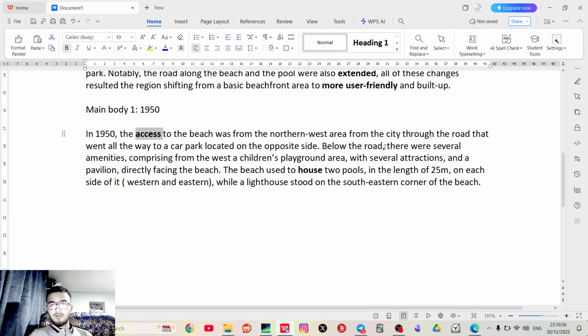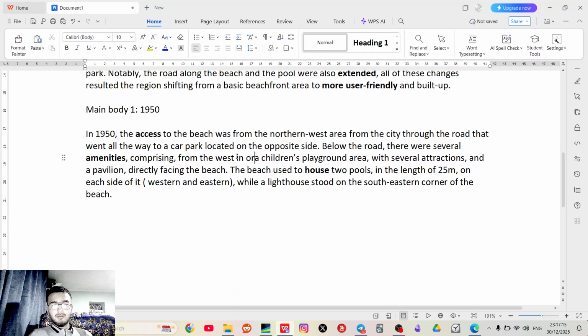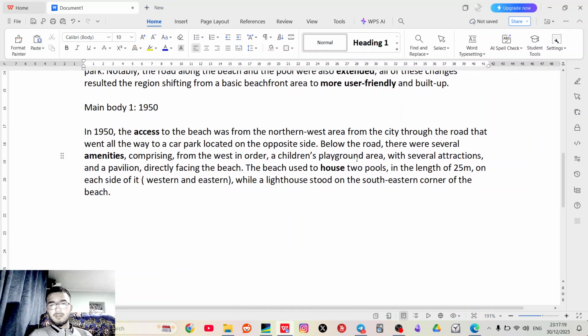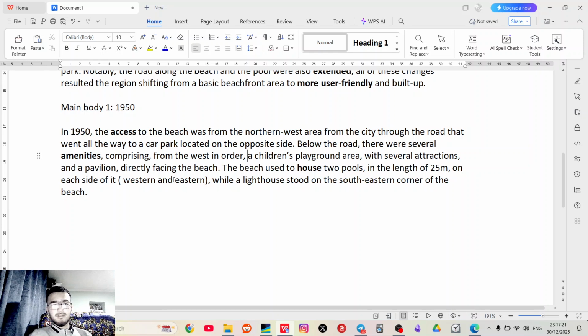Below the road, there were several amenities, comprising from the west in order, a children's playground area with several attractions and the pavilion directly facing the beach.